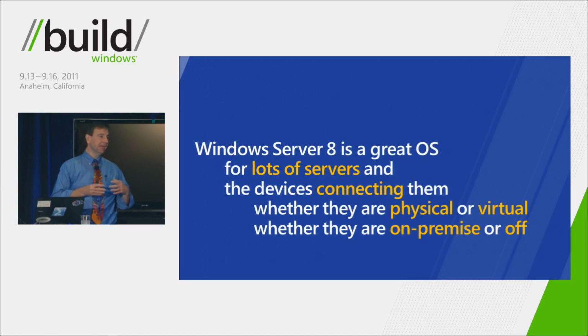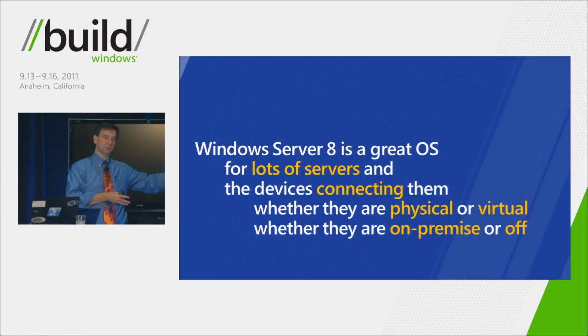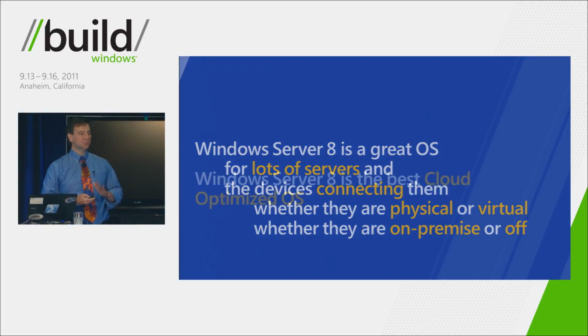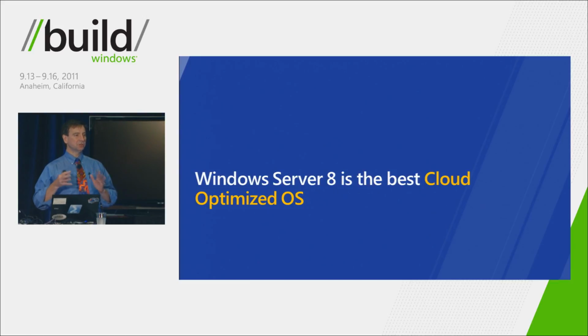In Windows Server 8, it's a great OS for lots of servers and the devices connecting those servers, whether they're physical or virtual, on-premise or off-premise. This is what we mean by the phrase, Windows Server 8 is the best cloud operating system.